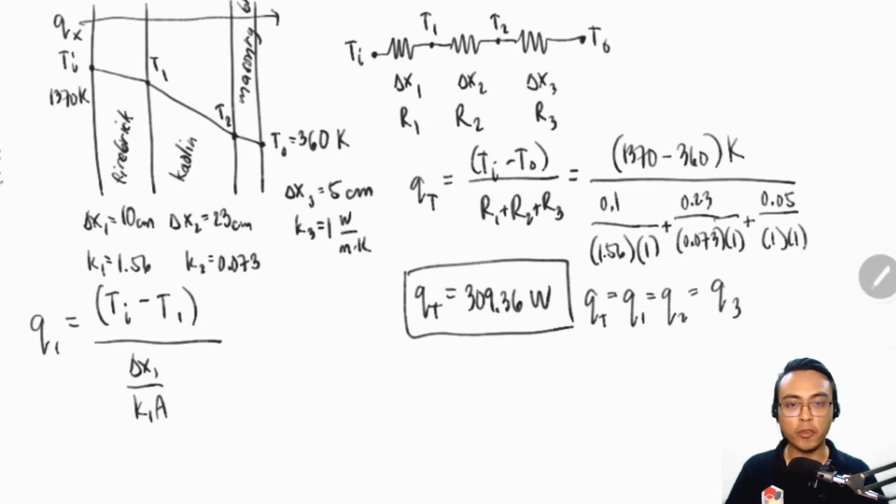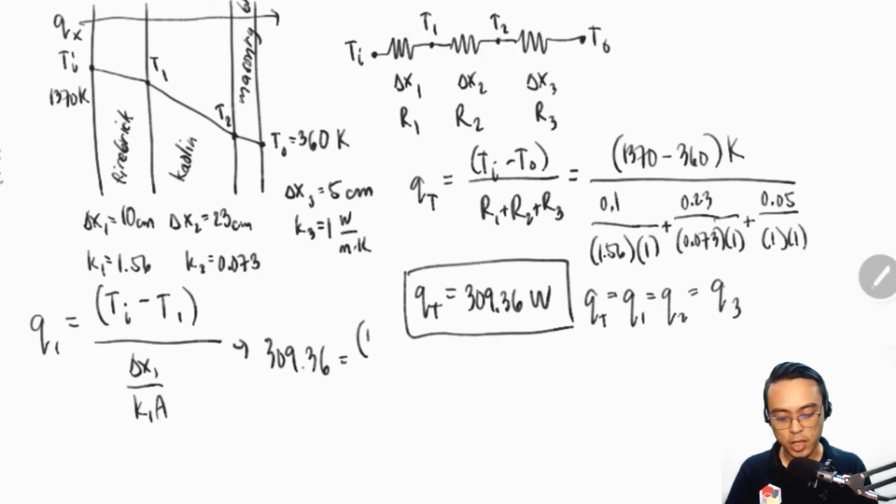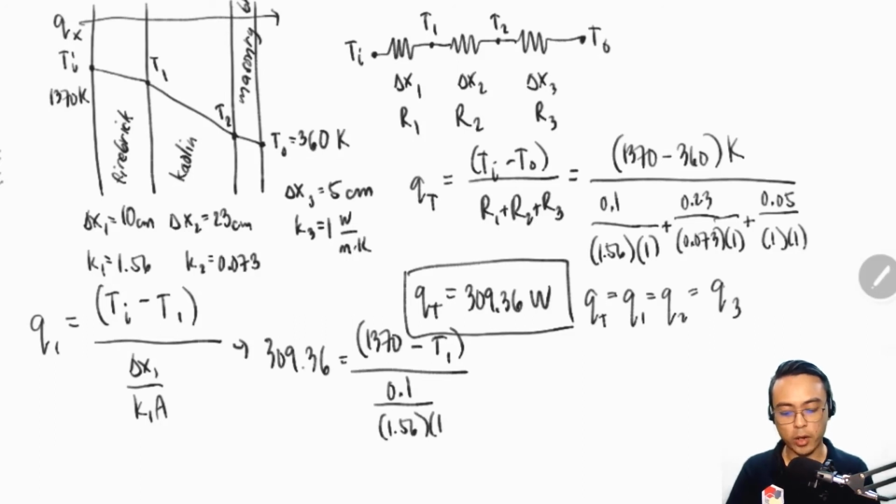Now remember that we have earlier solved for the overall rate of heat transfer, that is Q sub T or Q total, and that's equal to Q sub 1. So we can now substitute everything to this equation. We have 309.36 is equal to T sub I is 1370 minus T1 over delta X1 is 0.1 over K1 is 1.56, and we have assumed that area is 1 square meter.